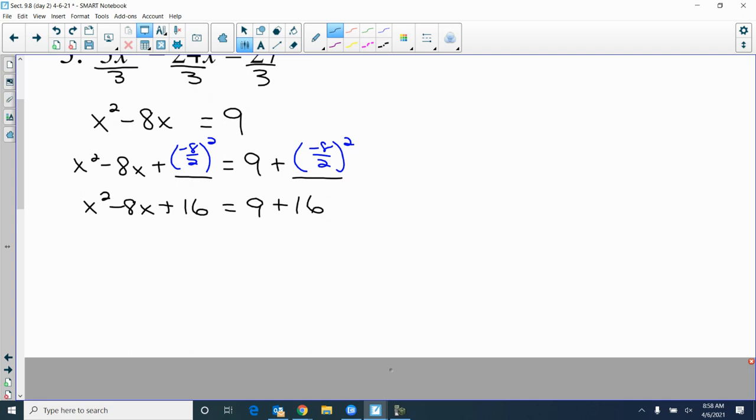Okay, two numbers that multiply to the constant and add to the middle term. That's going to factor into x minus 4. We always get something like this, so that's going to be x minus 4. It's just b divided by two, that number.